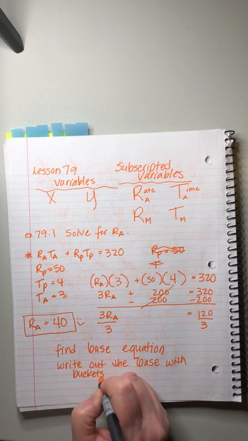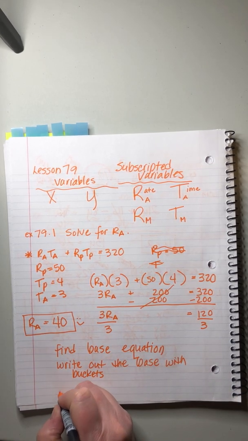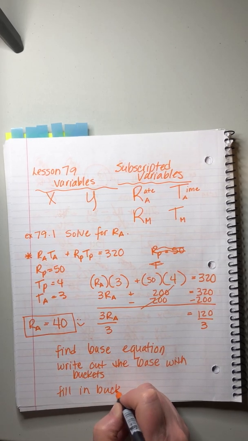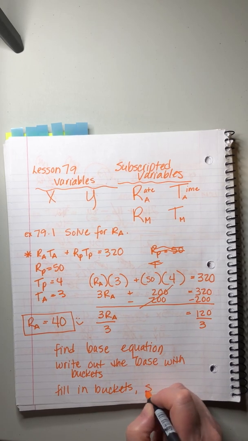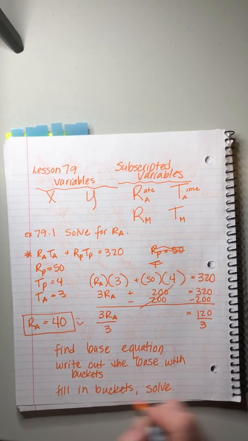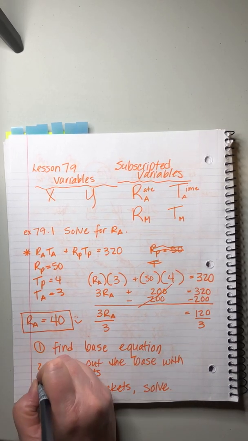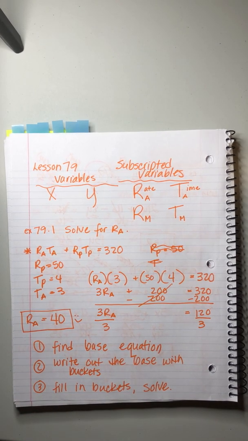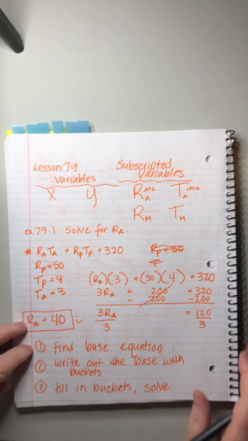You know, I call parentheses buckets. And then the third one, fill in the buckets and solve. 1, 2, 3. It's as easy as that, you guys. What could be more fun? Let's do another one. How many are there? There are 4. Okay, ready?